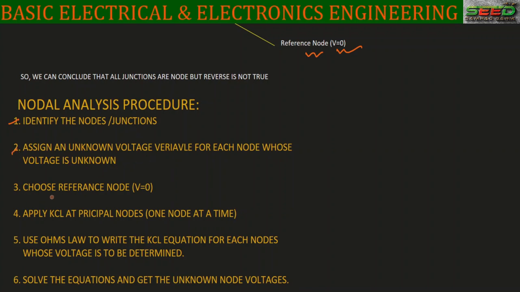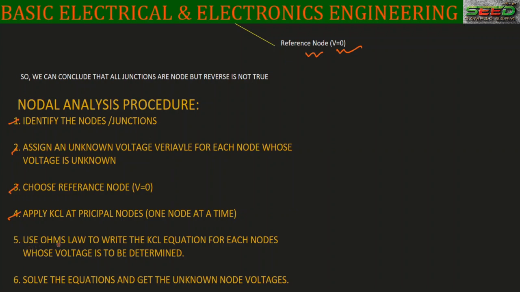Number 3, choose a reference node as I told earlier. Number 4, apply KCL at principal nodes, one node at a time. That means you have to apply the KCL equation for each node one by one.